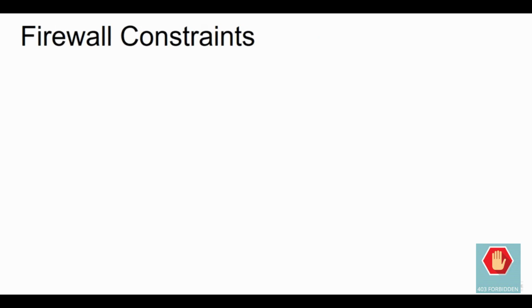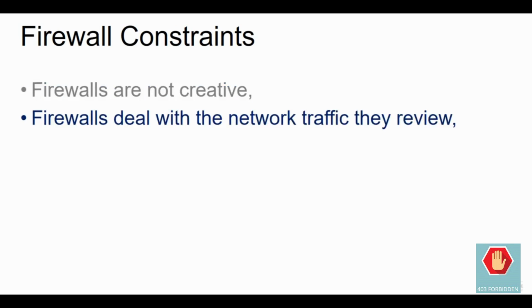Firewalls are limited by the constraints of their configuration and capabilities. Firewalls are not creative and generally cannot make sense of human actions outside the range of their rules and programming. Firewalls deal strictly with the patterns of network traffic they review, which is known by attackers.